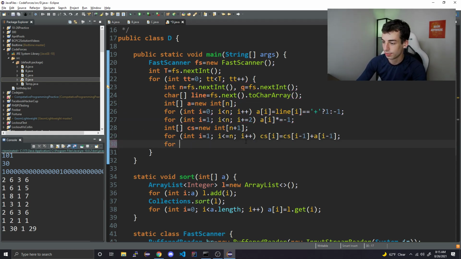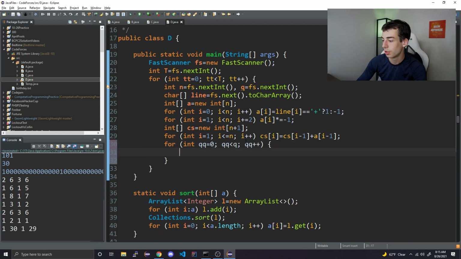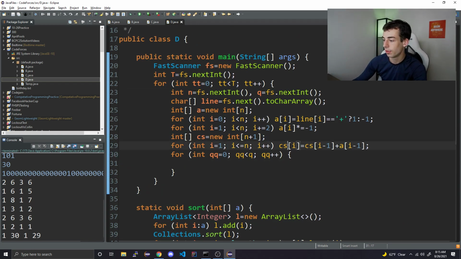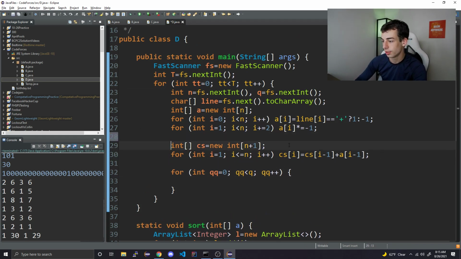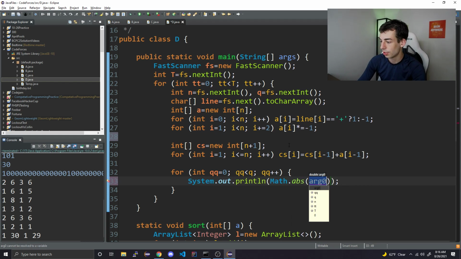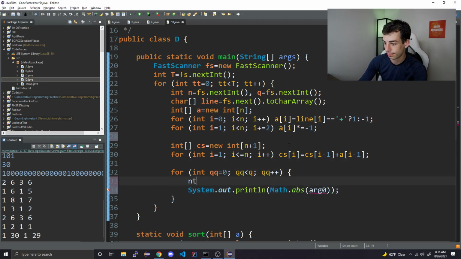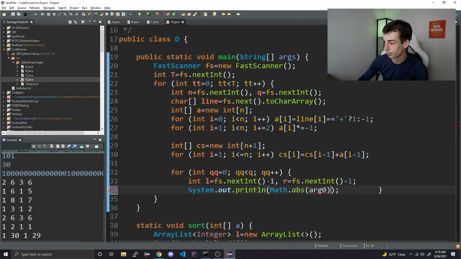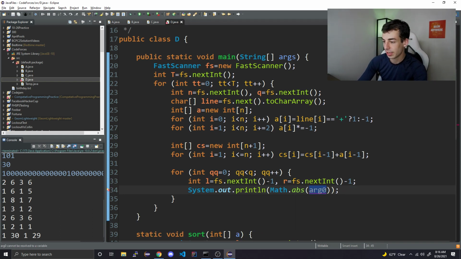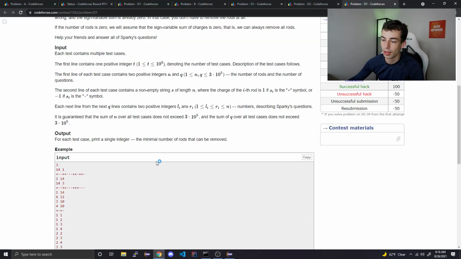So for int q equals 0, q less than q, we'll say that out math.abs of, I guess we need the L and the R here. So math.abs of cs at R plus 1 minus cs at L. And that should be good for this.